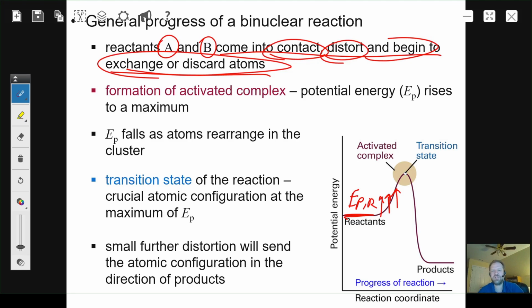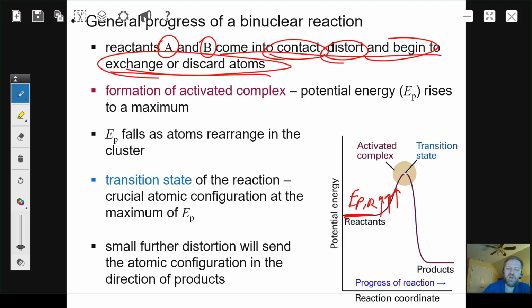Now, the energy that allows us to overcome the restrictions due to potential energy comes from the kinetic energy of the collision motion.